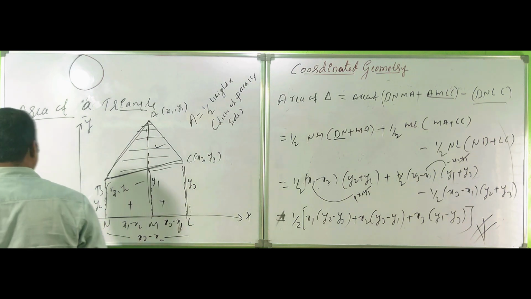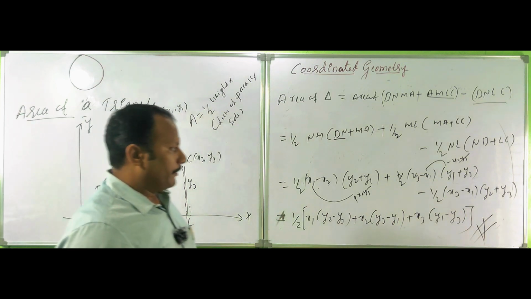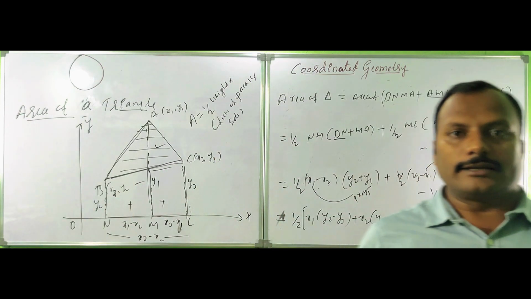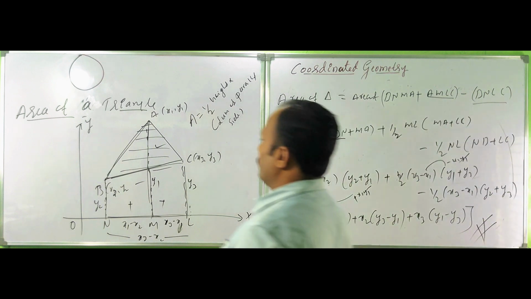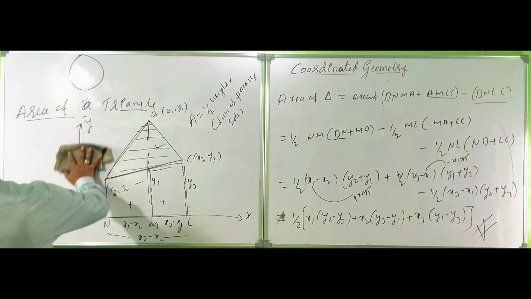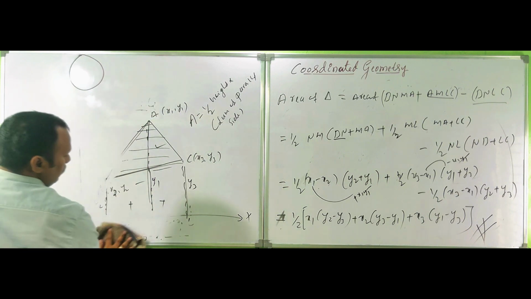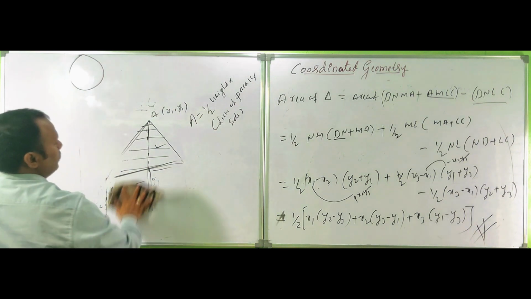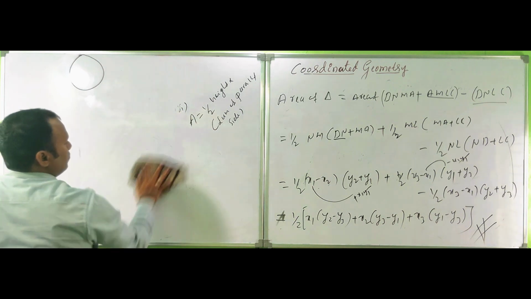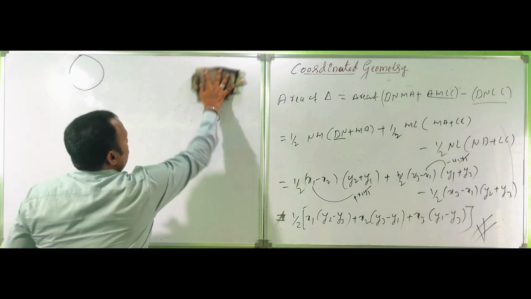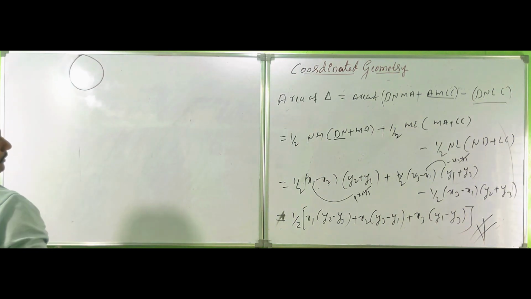The area of the triangle is always an absolute value. So for the formula, we take the modulus.